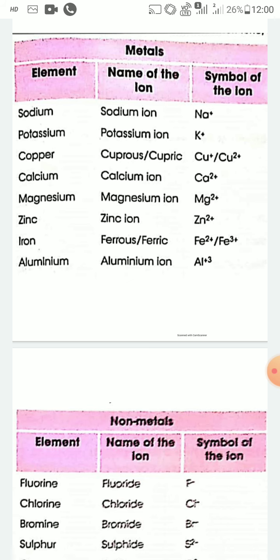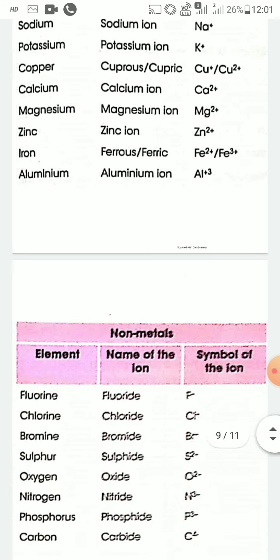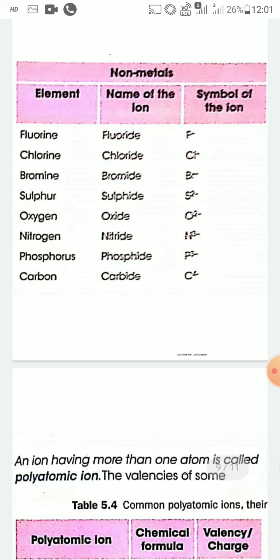Aluminium forms the aluminium ion, whose symbol is Al3+. These are all basic radicals or cations, and they are formed by losing electrons. Generally, metals by losing electrons form cations, while non-metals by accepting or gaining electrons form anions.